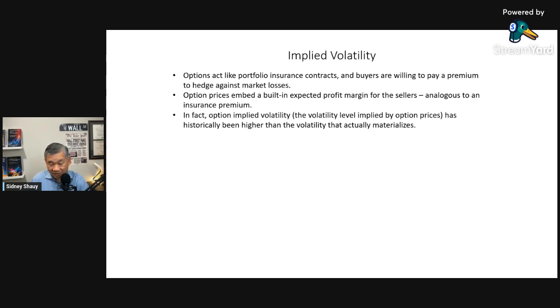I mean, the volatility that the option seller used to price this option. Okay. But that volatility has historically been higher than the volatility that actually materializes.